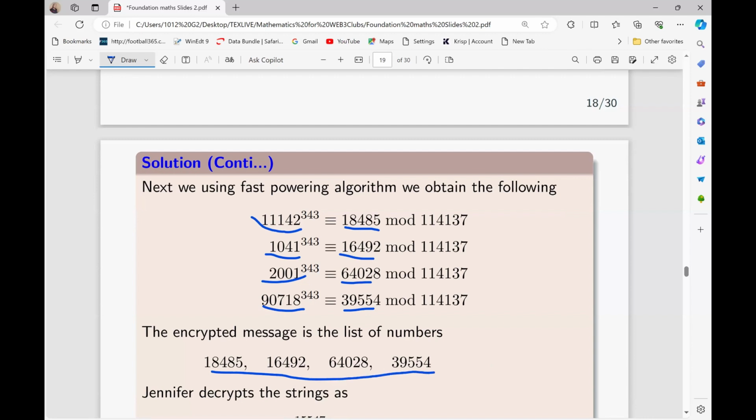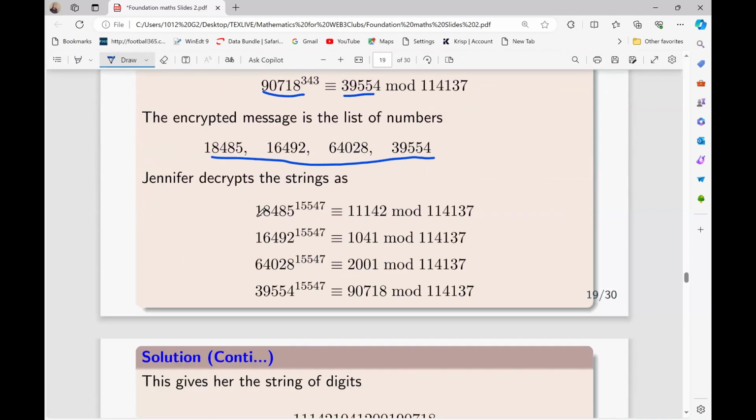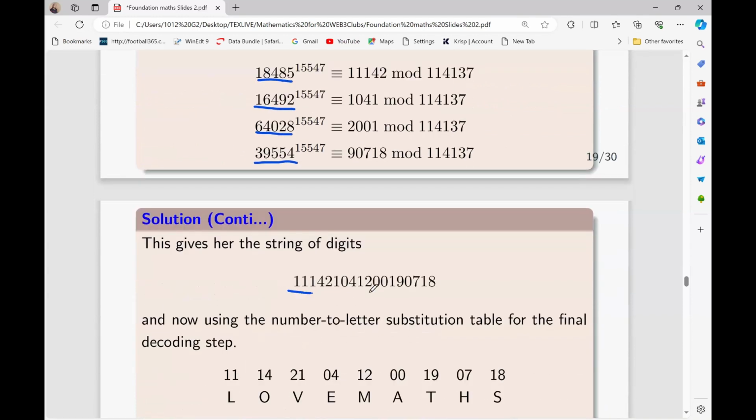So when Jennifer gets them, she decrypts each of these blocks. You can see she decrypts the first one, then the second, then the third, then the fourth. After that, she can join them to make one long number. She also knows that when converting from letters to numbers, the numbers were written in pairs of 2, like A was written as 00.